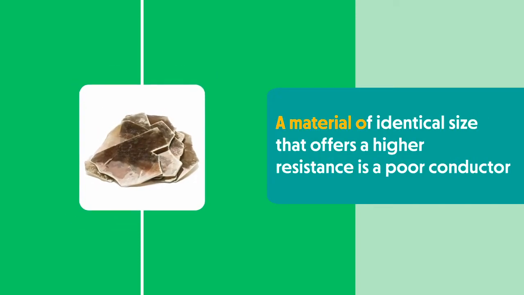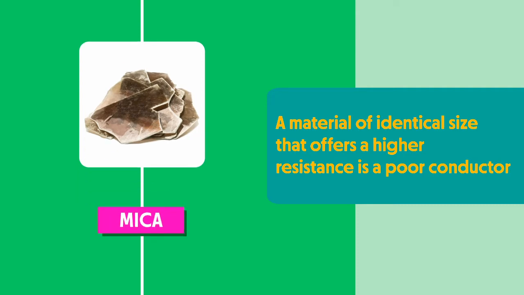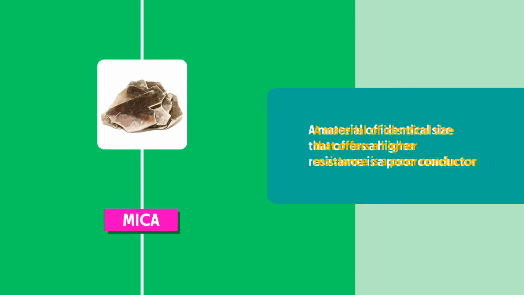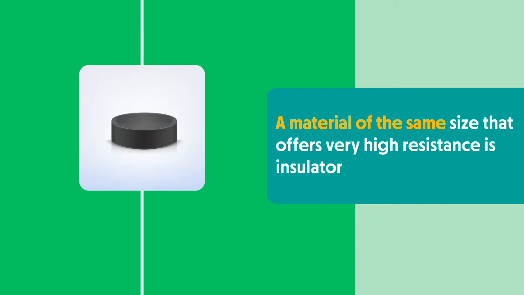A material of identical size that offers a high resistance is a poor conductor, for example, mica. A material of the same size that offers very high resistance is an insulator, for example, rubber.